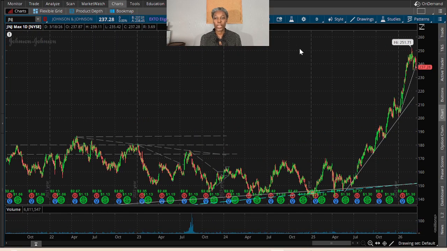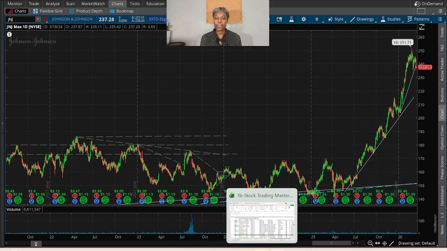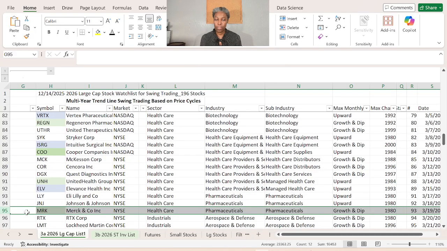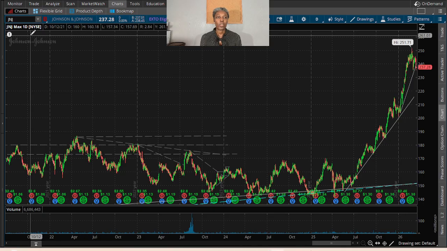For swing trading, you are trading one swing by default. Let's take an example of today's stock that we are going to analyze, the MRK chart as of March 19, 2026.